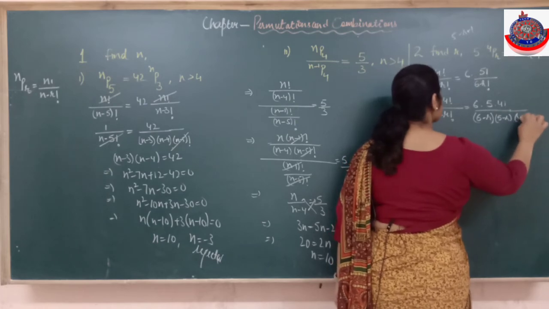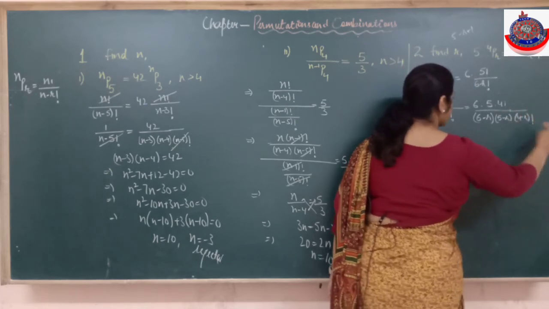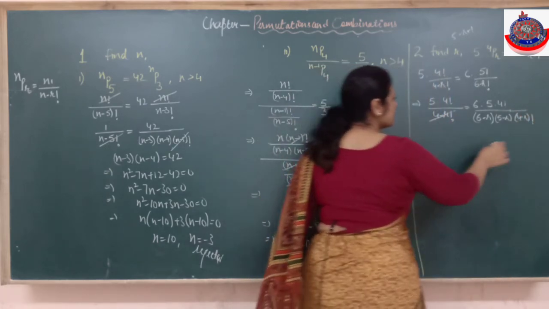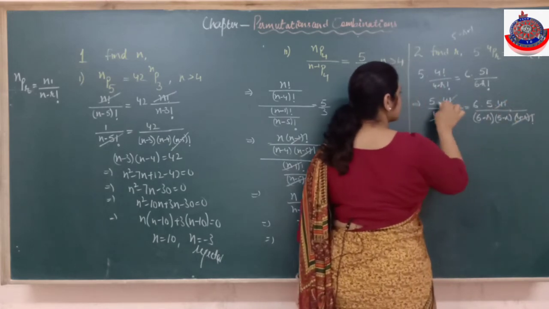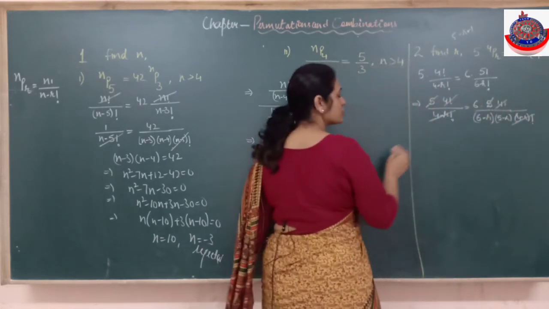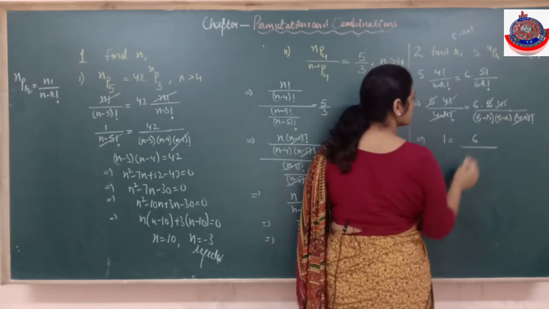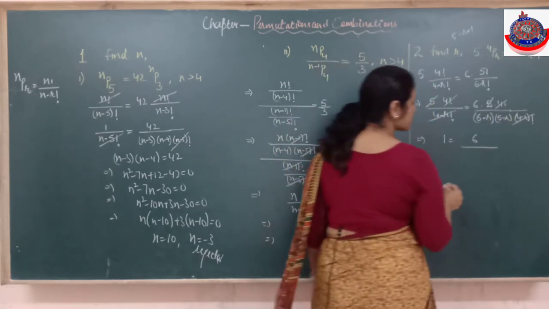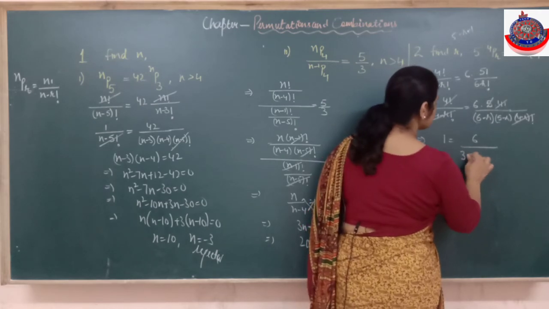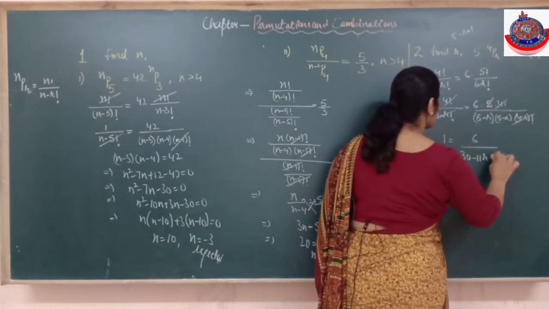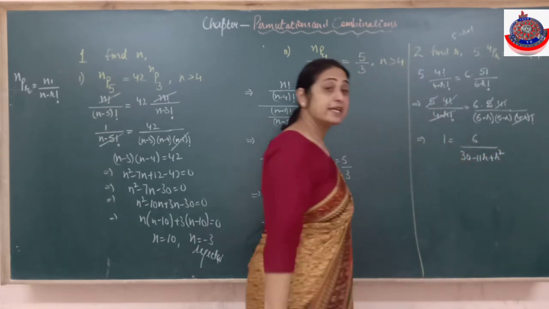From 5 minus r, 1 subtracted. 4 minus r factorial. Cancel. Cancel. 5 cancel. So we are left with 1 over 6 minus r. Clear?